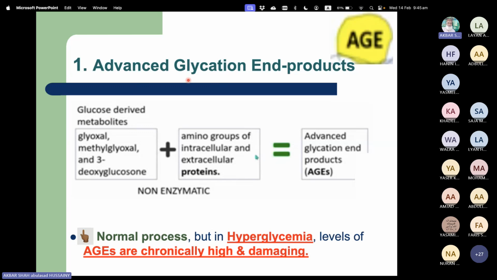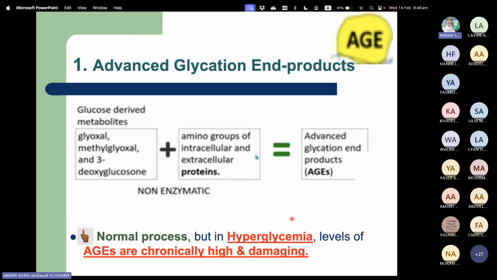The glycation is a normal process in which the metabolites of the glucose get metabolized into many things like glyoxal and methylglyoxal and all these. They combine with the amino groups of different proteins inside the cells and outside the cells non-enzymatically to form advanced glycation end products. This is a normal process, but very minimal, very little happens, not too much.